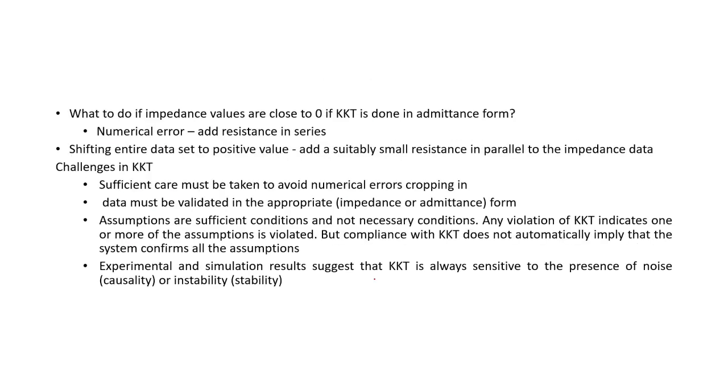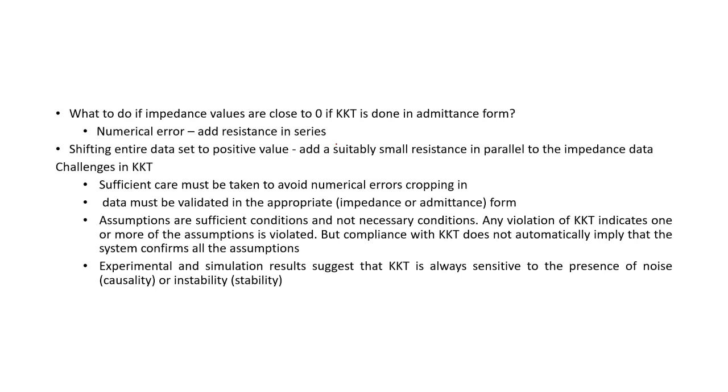Now the next one is some other issues that we can face when we are doing the KKT. What to do if the impedance values are very close to 0? What will happen? Can I do that in admittance form?